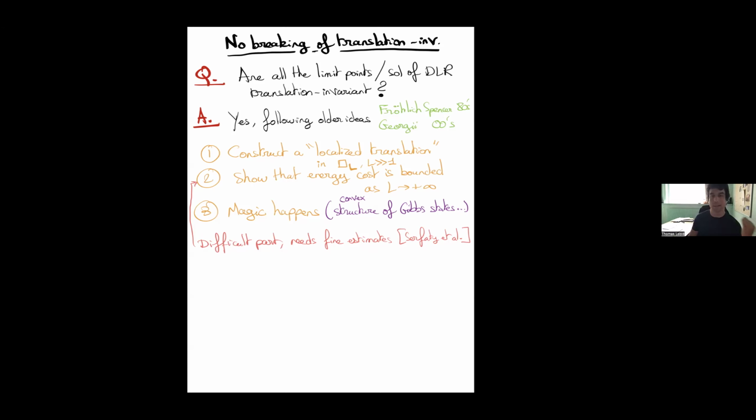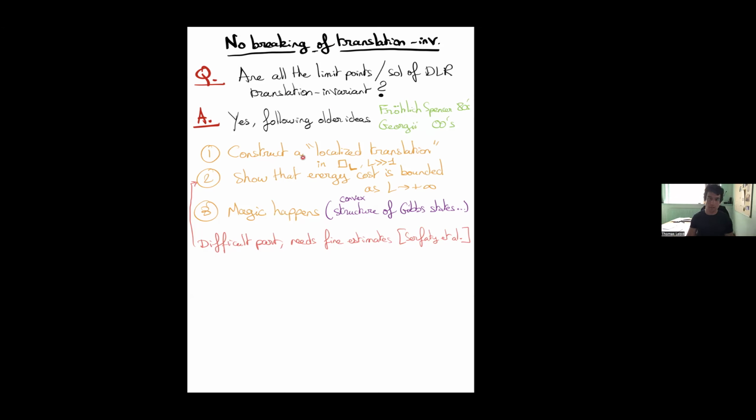I should emphasize, the finite volume model has a boundary, right? So you cannot just shift it and you will touch the boundary. If you shift everyone even by epsilon, it doesn't work, right? So you need to follow older ideas by Fröhlich and Spencer in the 80s, and then Georgii revisited those ideas in the early 2000s.